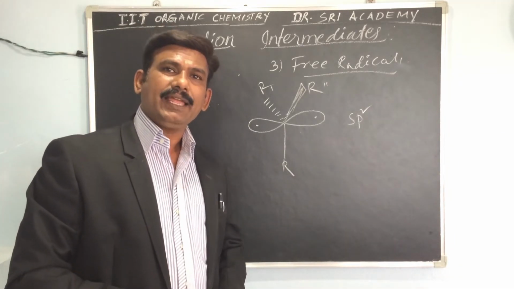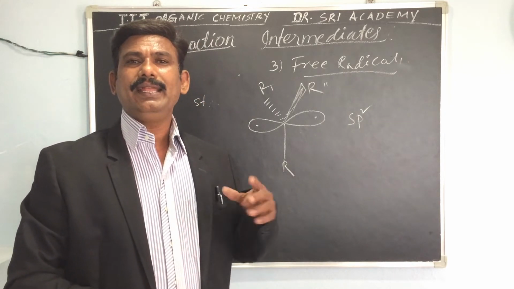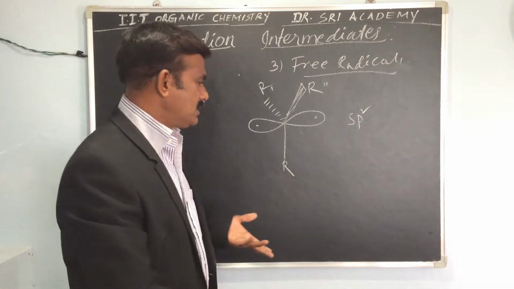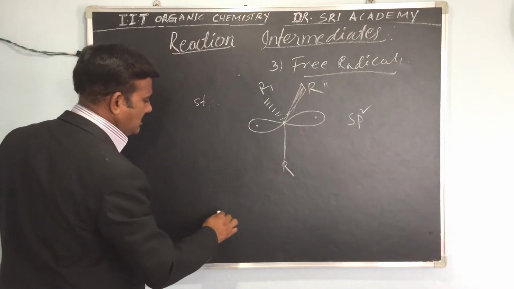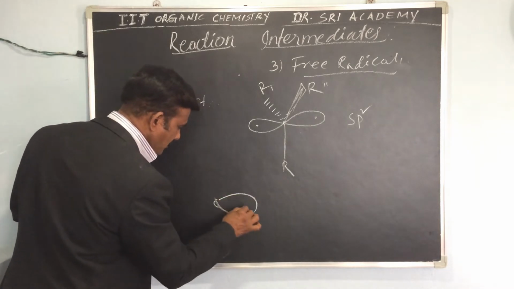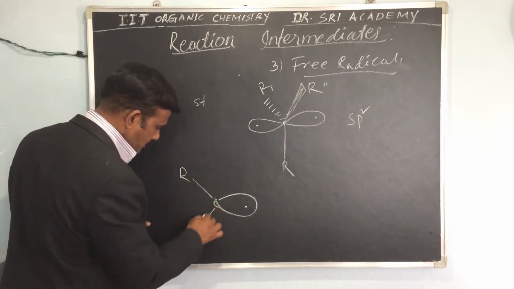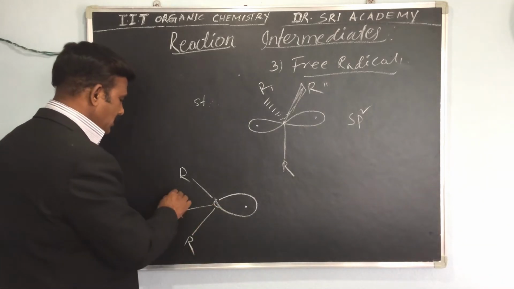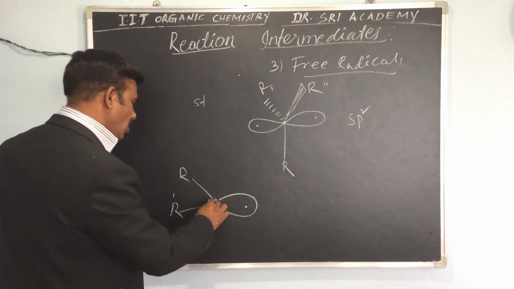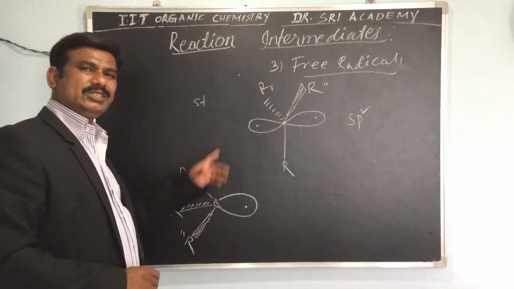In the case of sp3 hybridized, that is the structure: neither planar nor tetrahedral, bearing an unpaired electron. It is the one electron, which we can write as a dot. Stereochemistry, this is one.